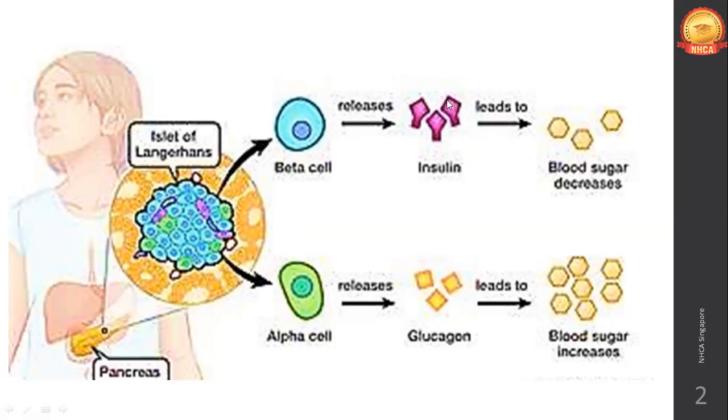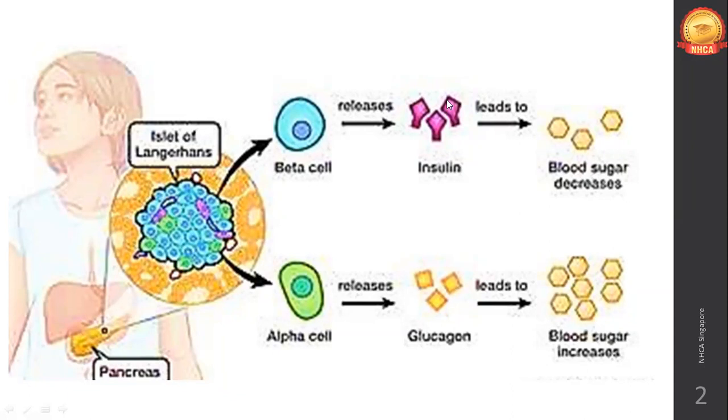Specifically, you have to do your HbA1c test, that is the glucose levels in the hemoglobin. If it is between 5.7 to 6.4, that is pre-diabetes. If the glucose level in your hemoglobin is more than 6.5%, it means you are diabetic.